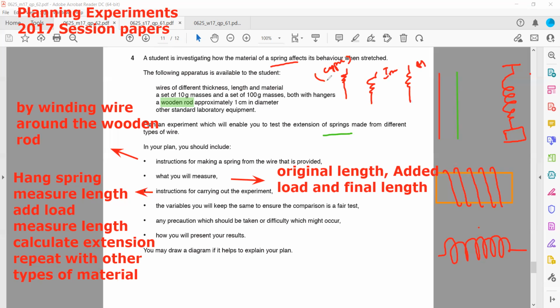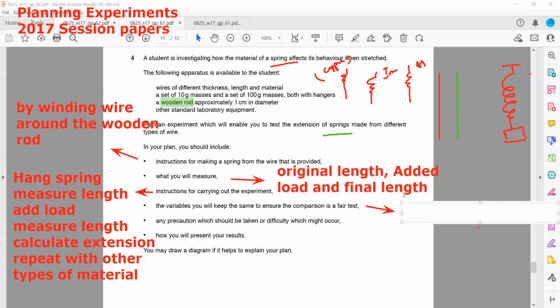So what parameter we should keep constant or keep same for a fair comparison? That should be the original length, the starting length, because original length can affect the extension as well. The thickness, they all should have the same thickness.